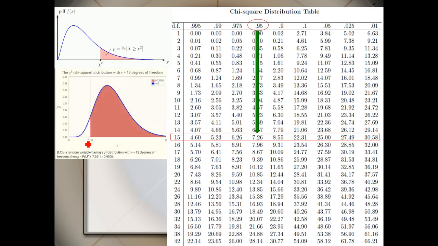So we have 0.05 area on this side. So the remaining area on this side will be 0.95. That's what I take here. And for that, the chi-square critical value is 7.26. That's here.